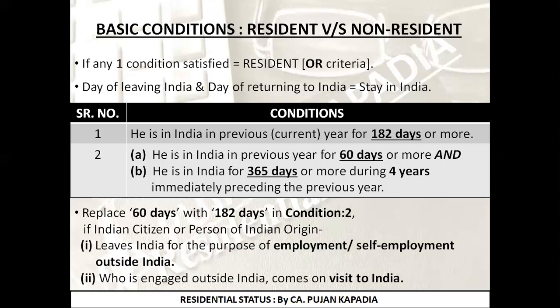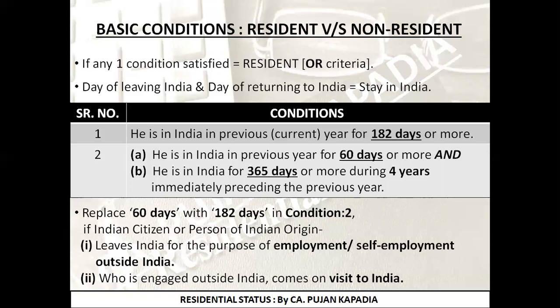So it is not the full time I would have spent in India, but just for ease of calculation, what the rules have said is that the date of leaving and the day of returning back to India, both days are going to be considered as stay in India. So here I need to calculate the number of days including 1st January and 1st March 2020.